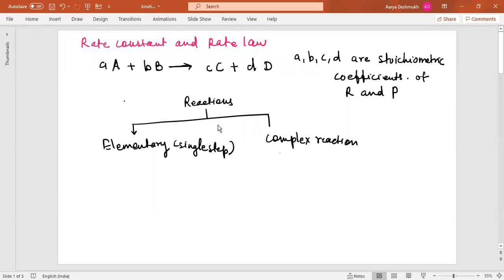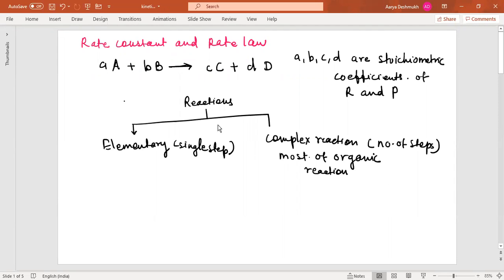Most of the organic reactions, not all, most of them, are complex reactions, which means they occur stepwise. Elementary reactions are single step reactions, and complex reactions occur with a number of steps.